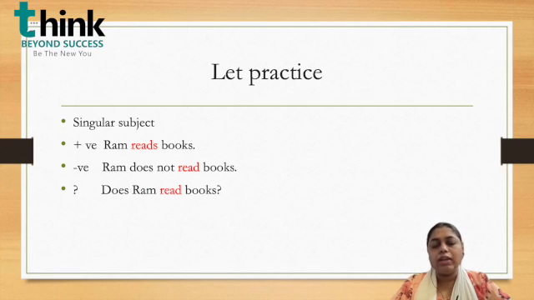Because does already has our es. Ram reads book. Ram does not read book. Does Ram read book? So the rule of subject verb agreement is only for positive sentences, not for negative and interrogative. I hope this concept of subject verb agreement is clear to you.